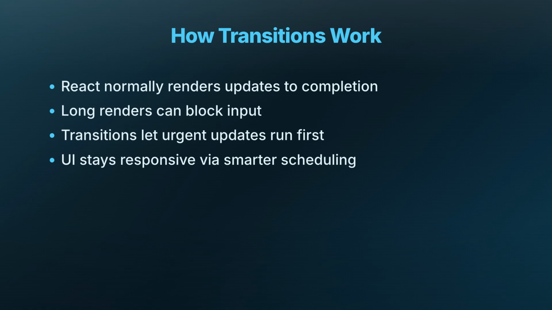Instead of doing all the rendering in one uninterrupted task, React can pause that work and give control back to the browser. If a higher priority update happens, React can handle that update first and then continue working on the transition afterward. This allows the interface to stay responsive. Transitions don't make the work faster. They simply allow React to schedule rendering more intelligently.